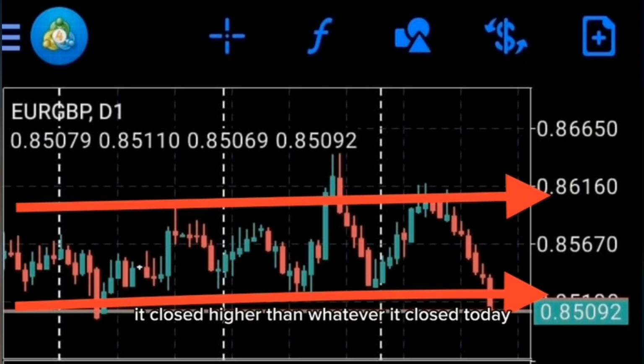Now tomorrow it closed higher than whatever it closed today. So you're going to place your stop loss just below 0.8510. Maybe you could just place your stop loss at 0.8500 or whatever the case may be, and see if that reversal signal is actually a true signal or a false signal.